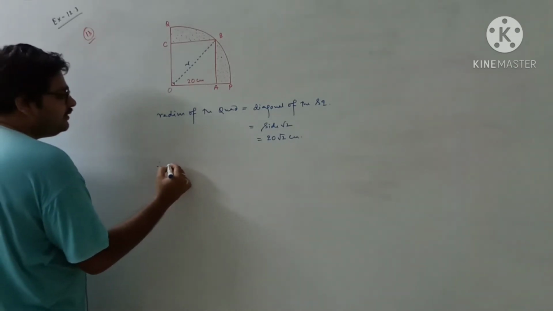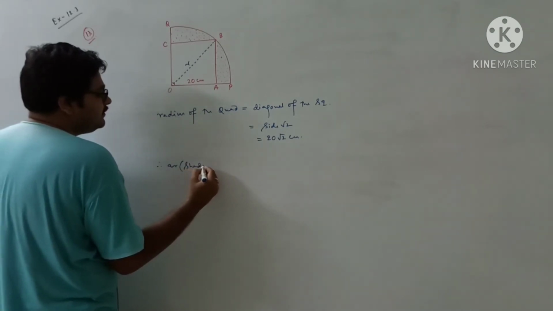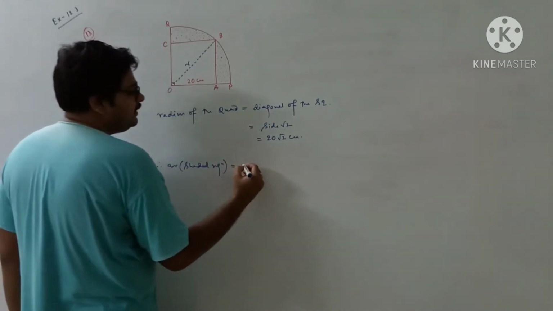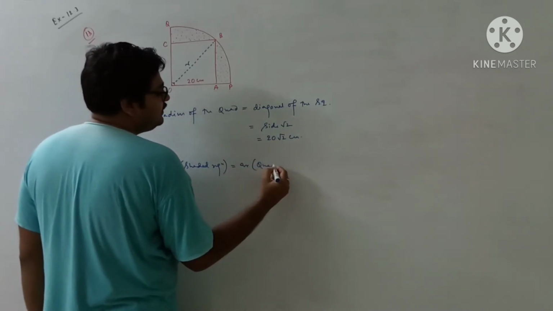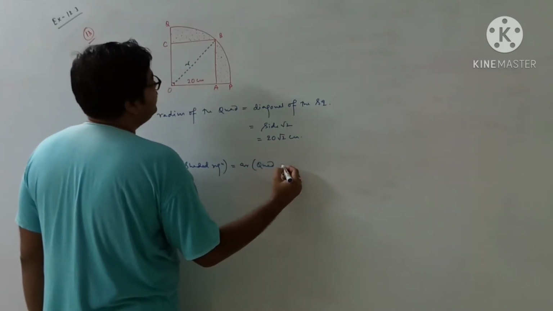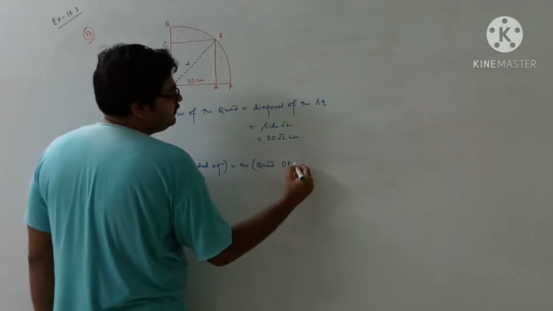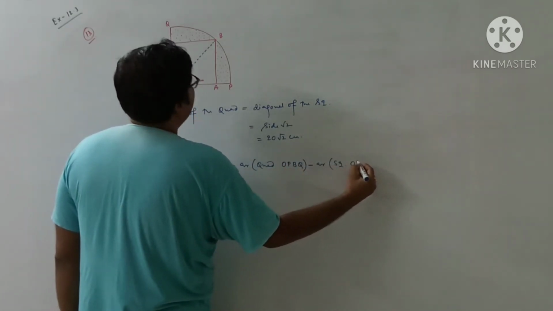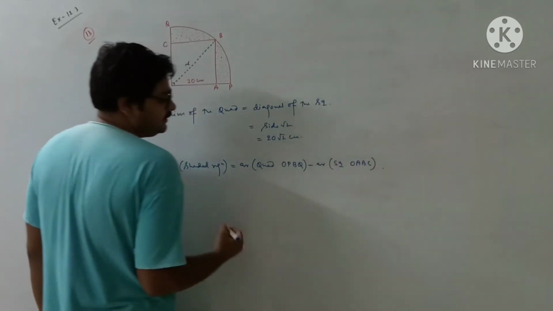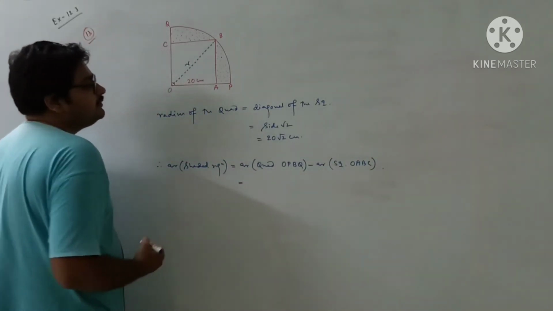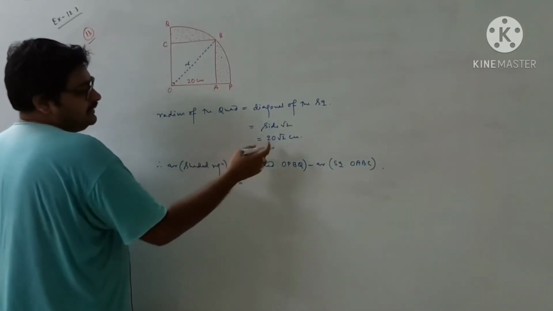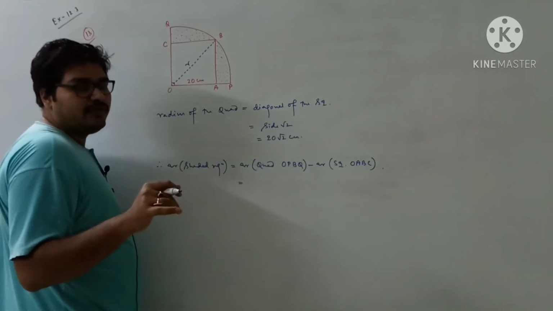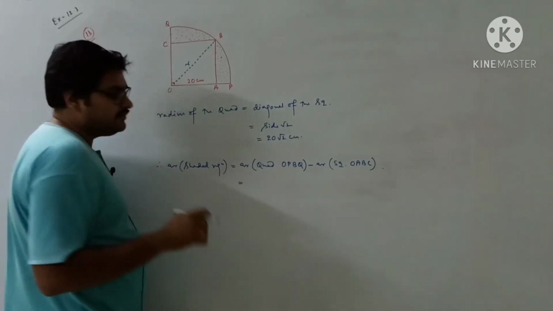Now we can find out area of the shaded region equal to area of quadrant OPBQ minus area of square OABC. Now this is only the radius of the quadrant, and the quadrant formula is pi r square by 4, because it is 1/4 part of a circle.